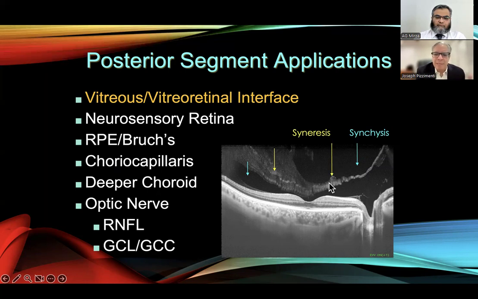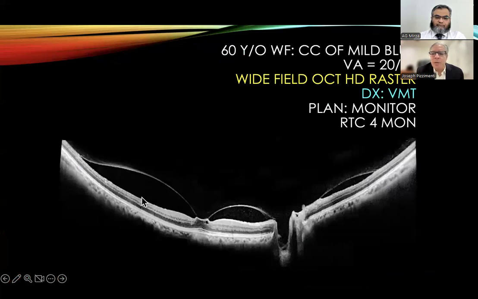The problem is the synchysis doesn't necessarily occur at the same time and to the same extent as the syneresis. And what we are often left with are these vitreomacular adhesions, which in this case of this patient, a 60-year-old female, has resulted in vitreomacular, vitreofoveal traction. And this is the typical scenario.